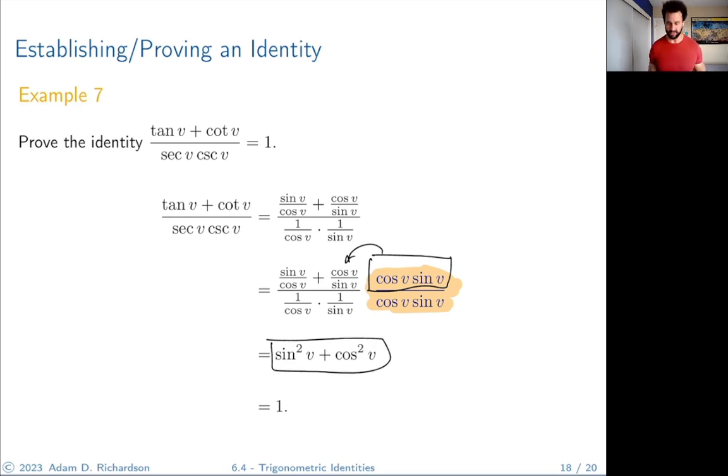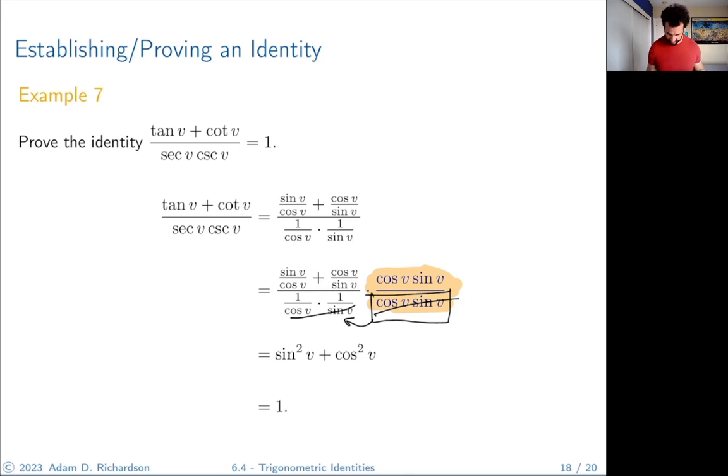You're actually left with this in the numerator. But then what's also cool is when I do the denominator, let me highlight it here. When I take cosine v sine v and distribute it to this term, notice there's only one term in the denominator. It's 1 over cosine v times 1 over sine v. Well, if I multiply 1 over cosine v sine v by cosine v sine v, they cancel, and so I'm just left with 1.